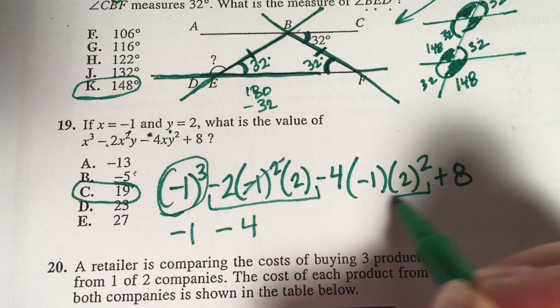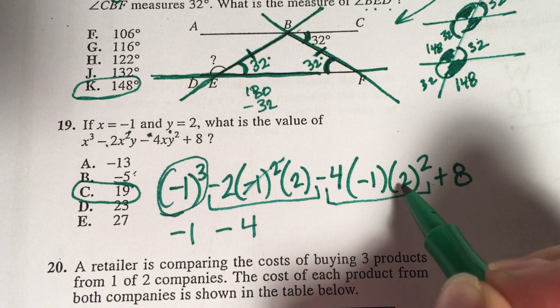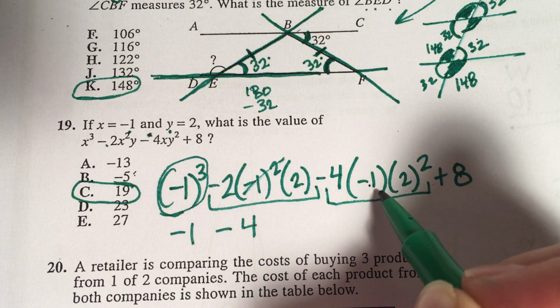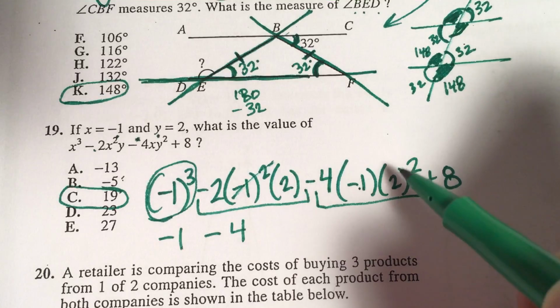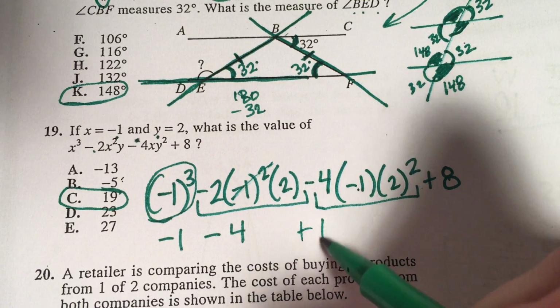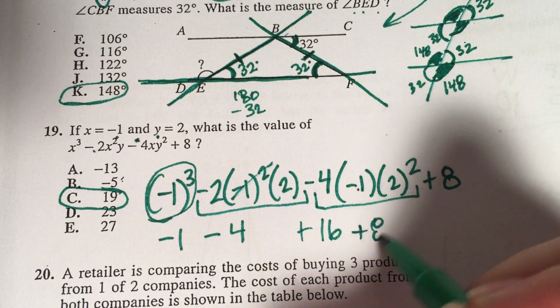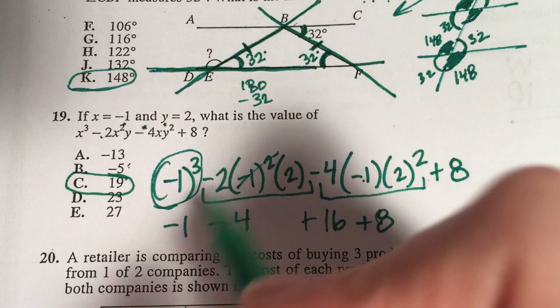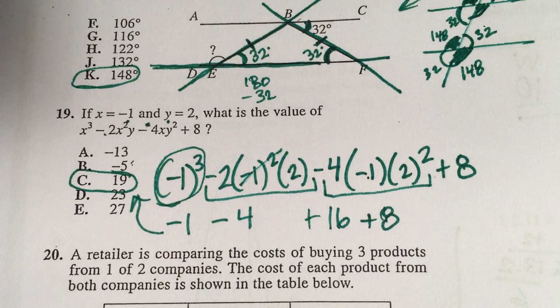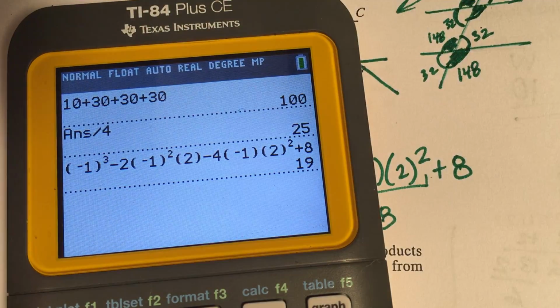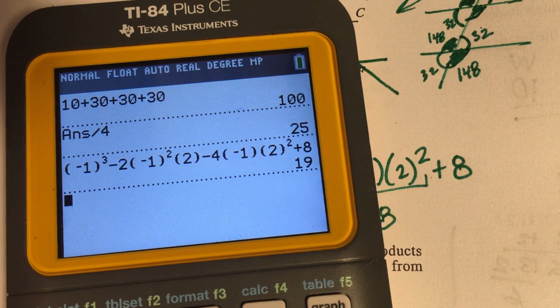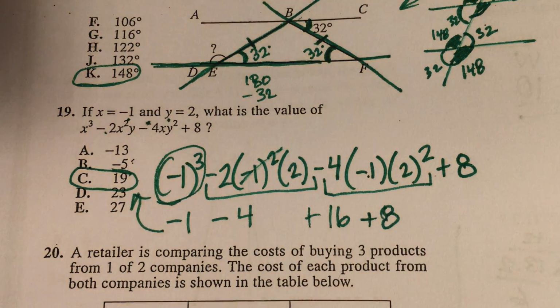Do this in your calculator, you'll get 4 times -1, this would be positive 16. And then plus 8. Right, and then you can type that in your calculator, you're still going to get 19. I personally think it's easier to just go straight to your calculator, but if you like to write it down first, you can. So, cool.